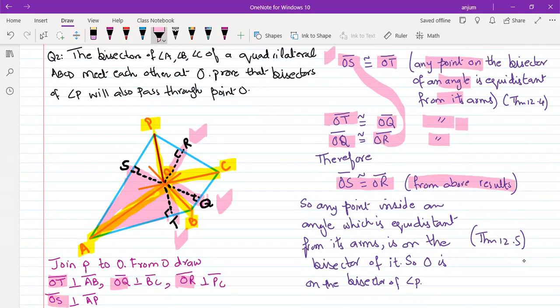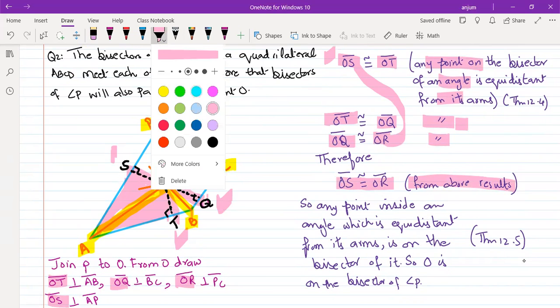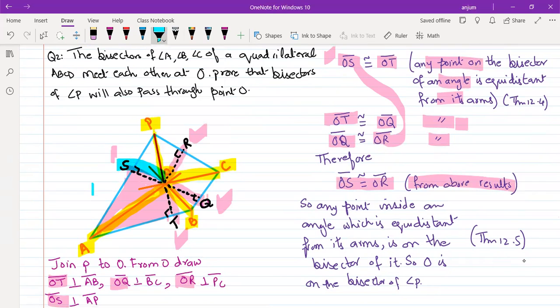Now come to the figure and see where OS and OR are. Once we have proved that OS and OR are congruent, it means that there is a point inside angle P that is equidistant from the arms of the angle P. So it is on the bisector of angle P. This is the statement of theorem 12.5: any point inside an angle which is equidistant from the arms of the angle is on the bisector of it.